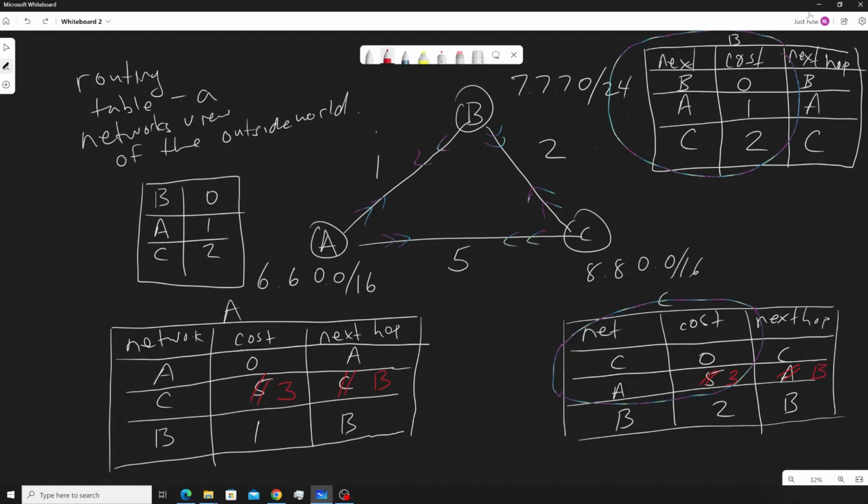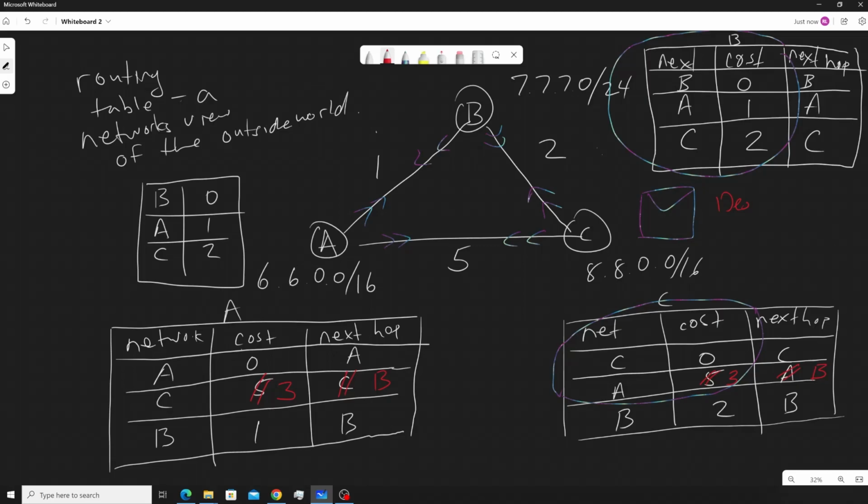And now, if a new message arrives on C with the destination address 6.6.2.2, let's use the same address, well, now we look up the network that matches this prefix 6.6.2.2. We see it's A. This is the prefix that matches.